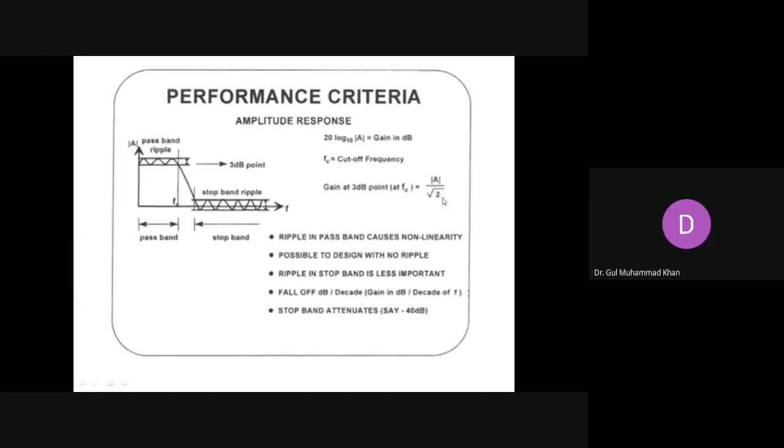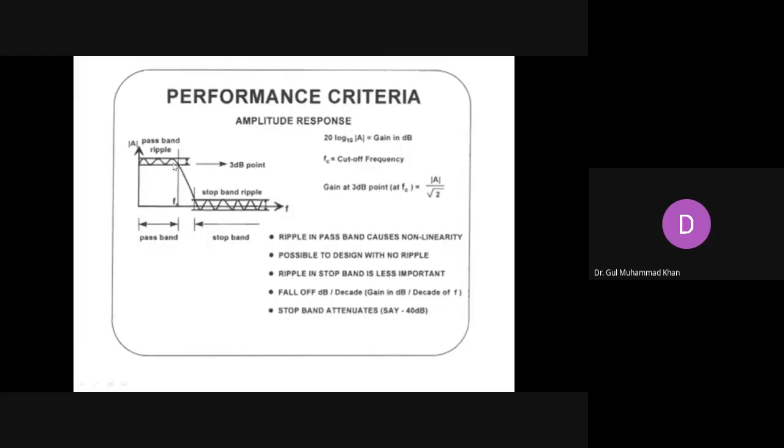That's about 70%. When the signal amplitude is dropped by that amount, it's usually regarded as the cutoff frequency. Anything from that point onward is not considered. So if you want to filter something out, this is going to be your cutoff frequency. So the response has to be more than 70%, only then is it considered as a pass band.